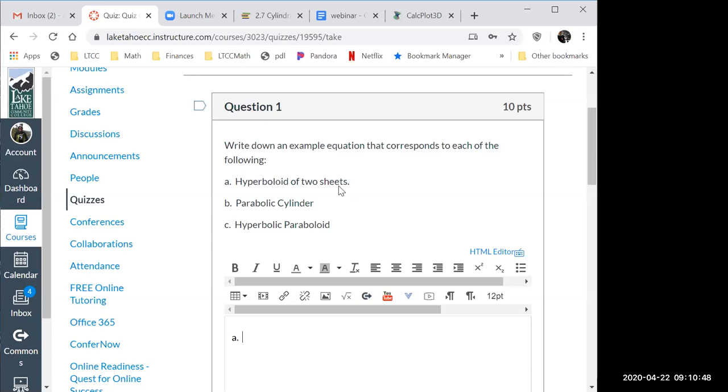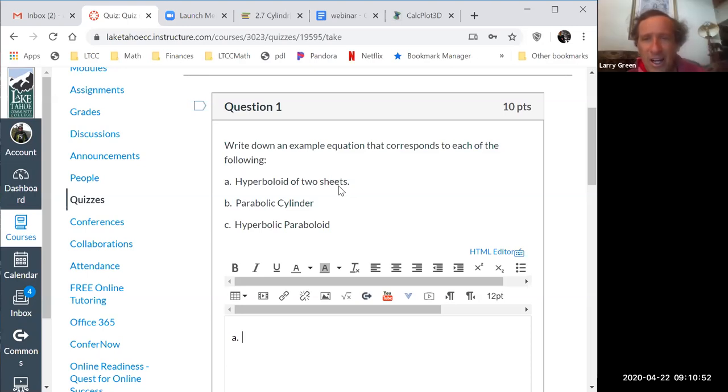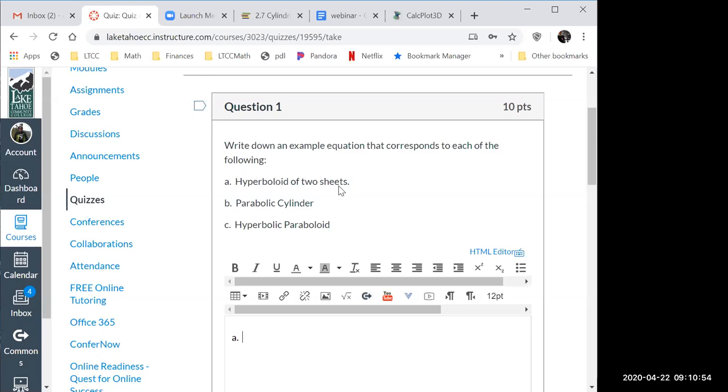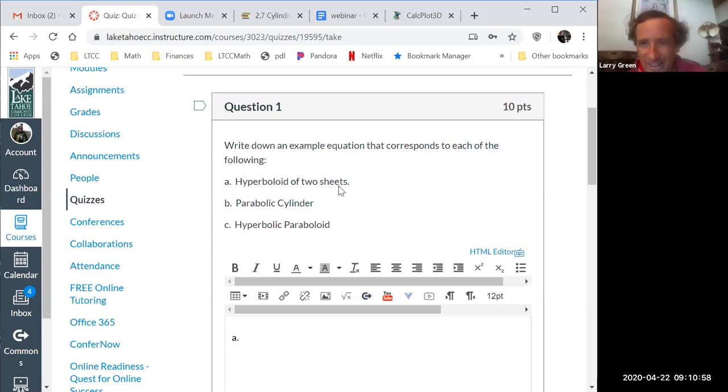Two of them are negative, as Victor said. If you have two positive, one negative, that's going to be one sheet.